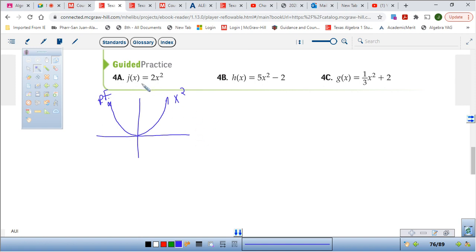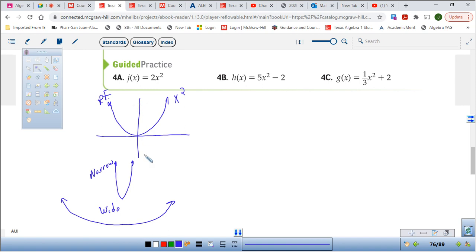So you can know that one. This one here, help me out, guys. Is it more narrow or is it wider? More narrow would be like this. Takes off. Wider would be, that's narrow. Wide would be like this. What do y'all think, guys? Is it more narrow?